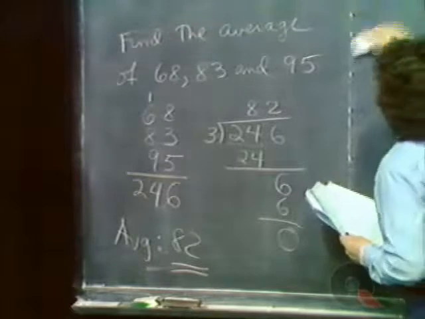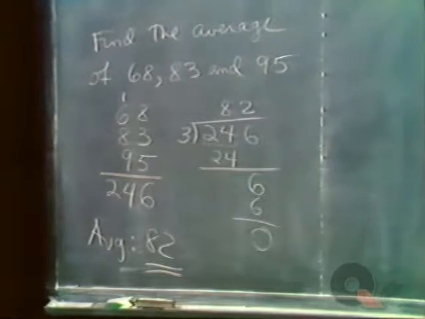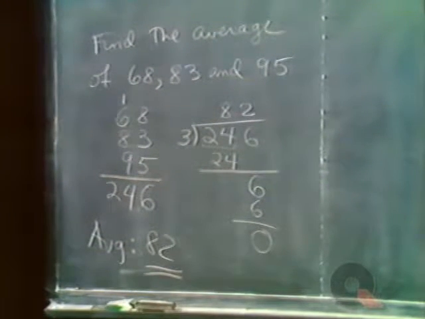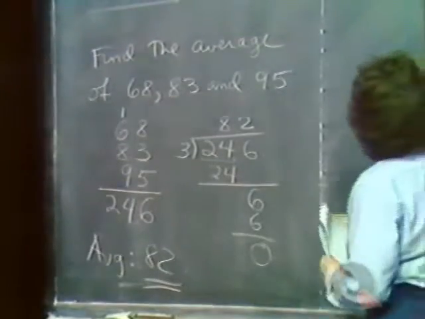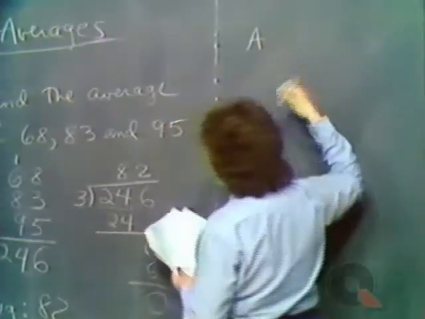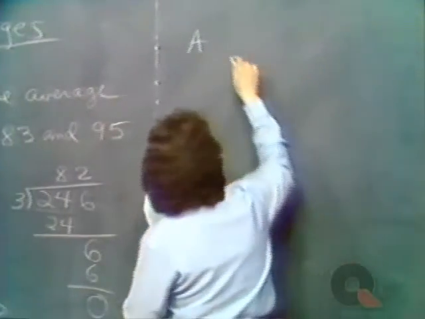Let's try another of these. And that will be the last problem that we will be doing on this videotape. Okay, the problem may be stated in words in the following fashion.